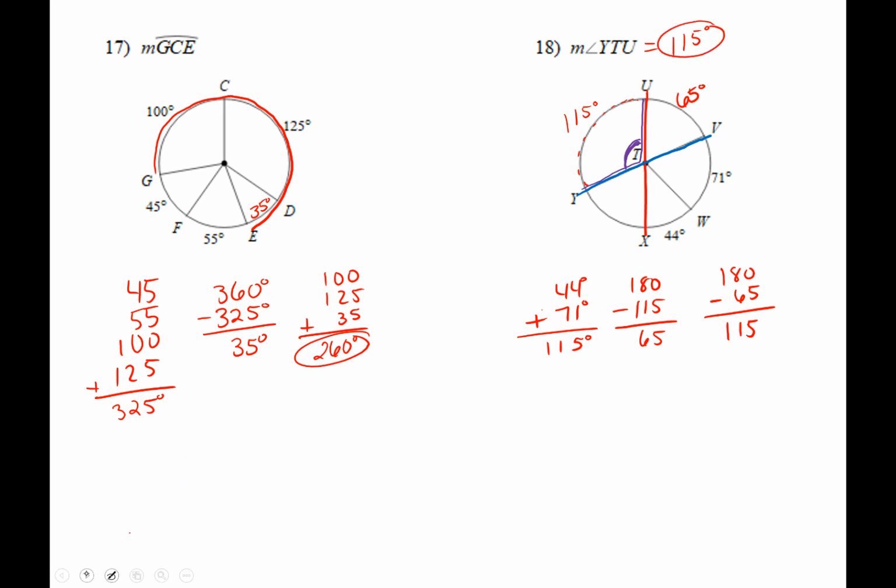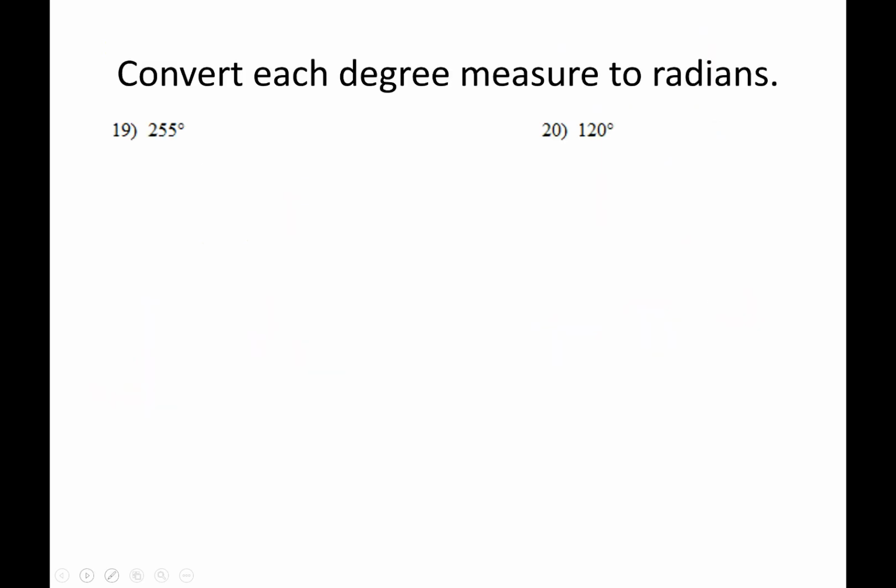All right, forward on to number 19. Convert each degree measure into radians. To make it into radians, we would multiply by pi over 180. Do not multiply pi into your calculator or you will get this wrong. So we want to basically multiply straight across.